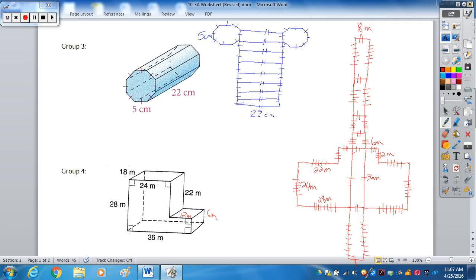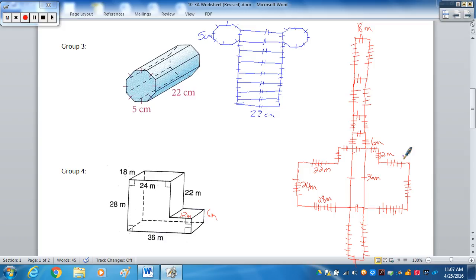Okay, so you can see there's a lot of work involved there if we try to go ahead and do the net of the figure, but it's always possible if you want to do it that way. Now, how do I find the lateral area? Well, the lateral area, as we said yesterday, is going to be the sum of the areas of all of these faces right here.